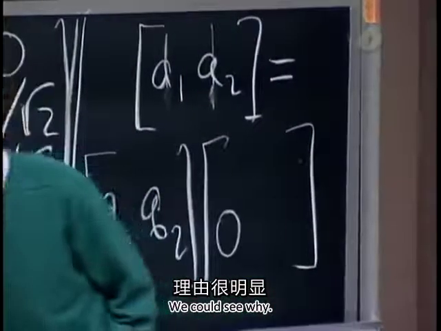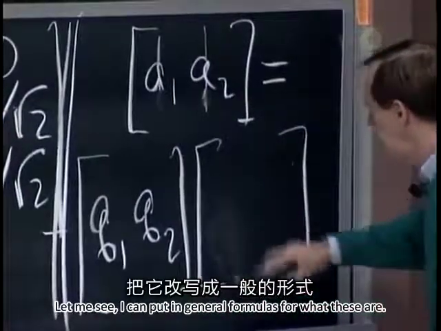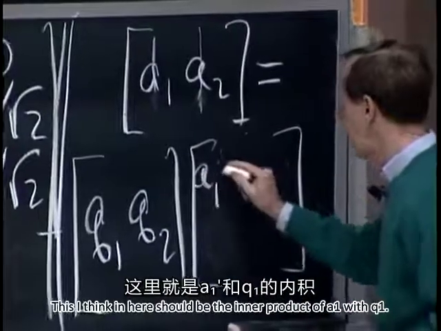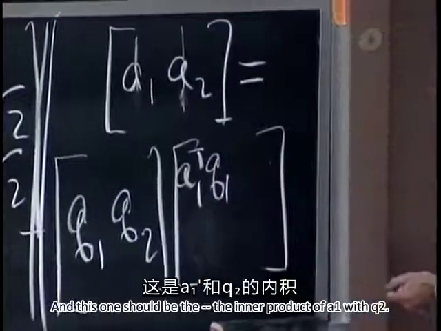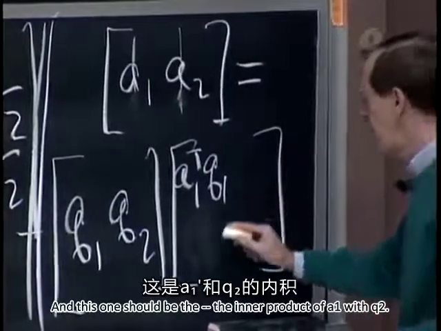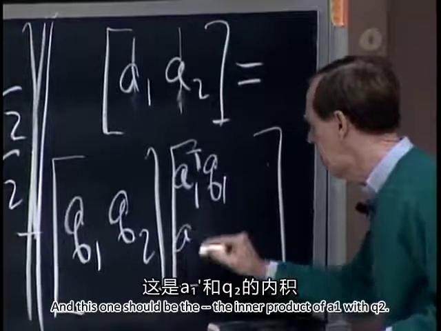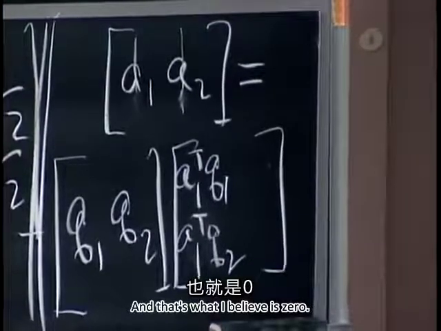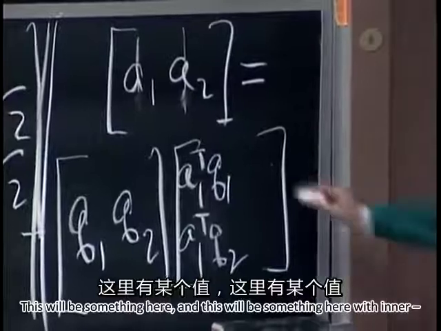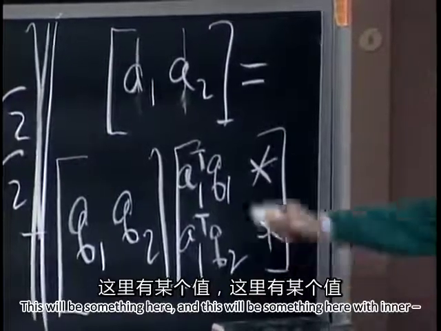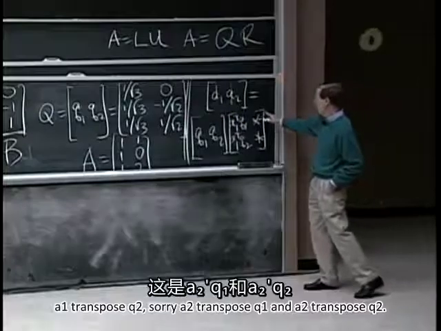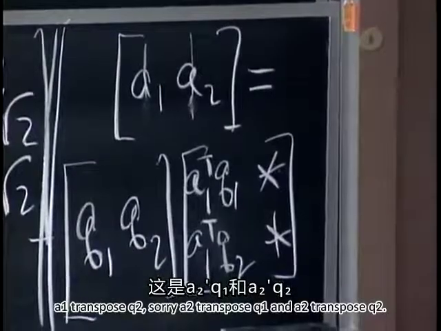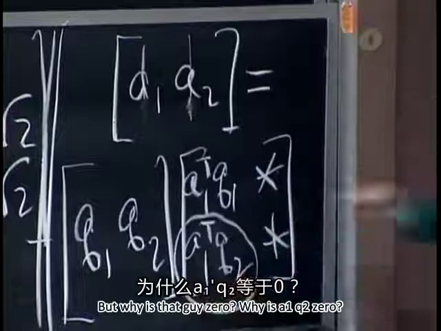We could see why. Let me see. I can put in general formulas for what these are. This, I think, in here should be the inner product of A1 with Q1. And this one should be the inner product of A1 with Q2. And that's what I believe is 0. And this will be something here, and this will be something here, with A2 transpose Q1 and A2 transpose Q2. But why is that guy 0?